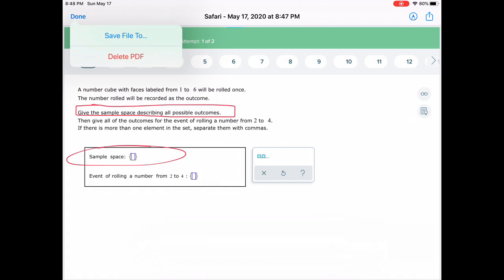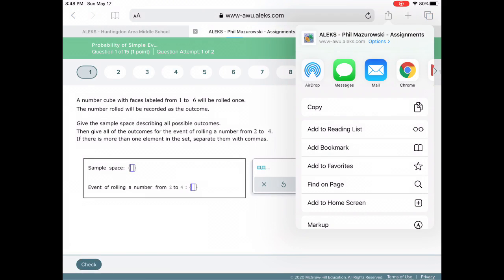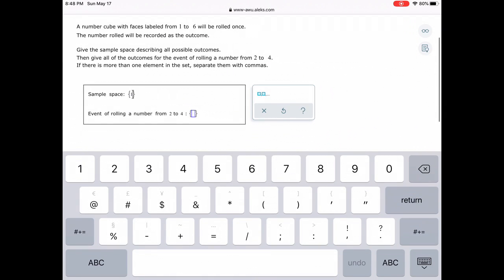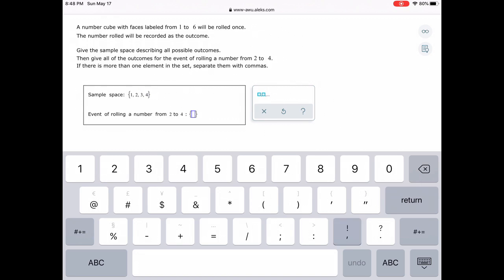So when we're looking at this particular one, everything that you can think of that could happen on a die is you could roll a 1, a 2, a 3, a 4, a 5, or a 6. All right, so that would be the sample space of rolling a standard number cube. Then it asks, what about the event of rolling from 2 to 4?